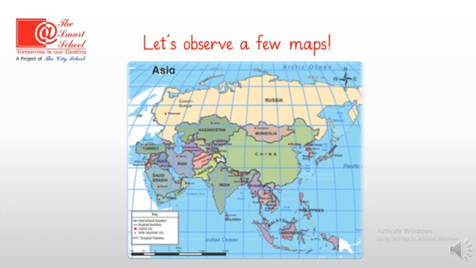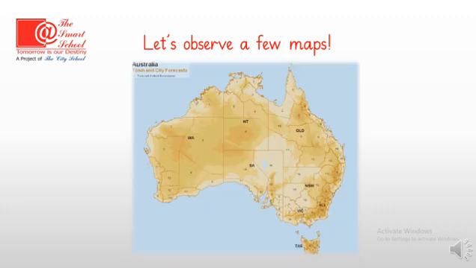What is written here in bold? Yes, it's written Asia. So, what do we come to know after reading this word here on the map? Yes, we assume that there is something related to the continent of Asia we are going to find on this map. Now let's see another map.